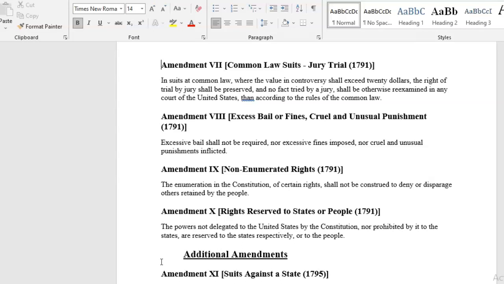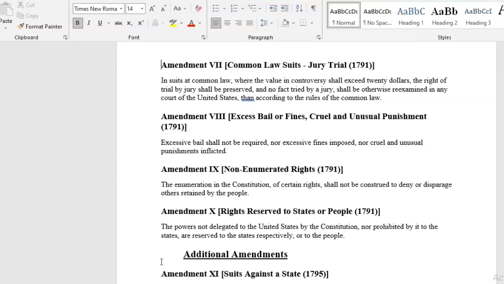We're going to look at the 8th Amendment now. The 8th Amendment deals with excess bail or fines, cruel and unusual punishment. Excess bail shall not be required, nor excessive fines imposed, nor cruel and unusual punishments inflicted.